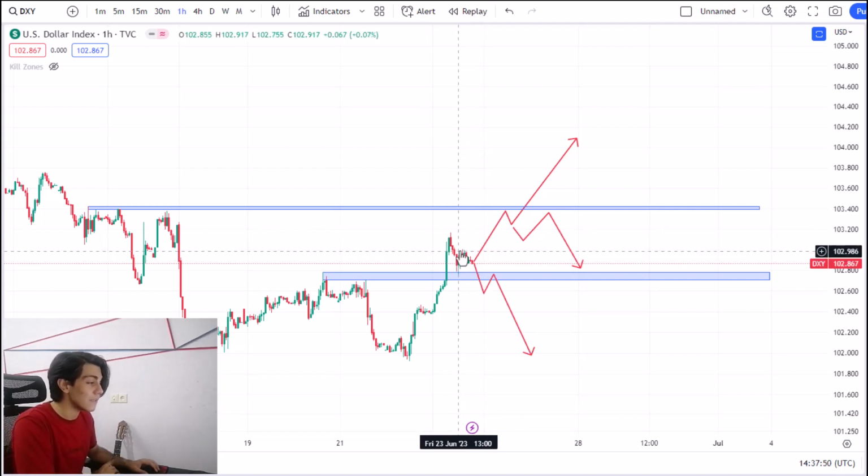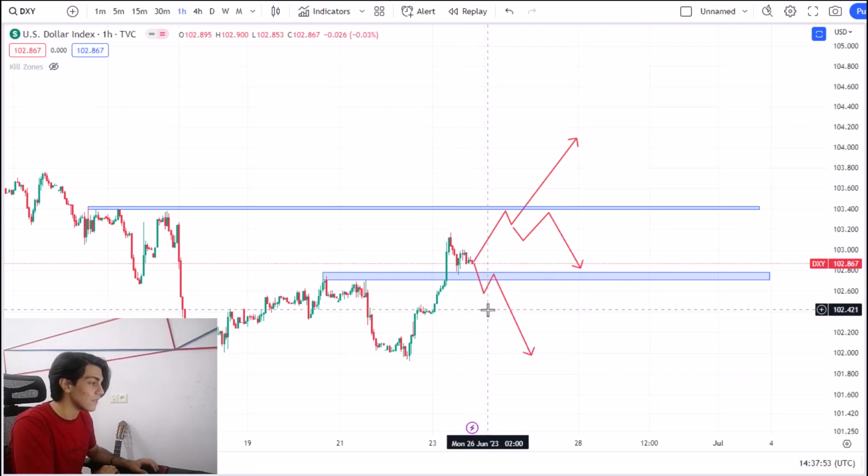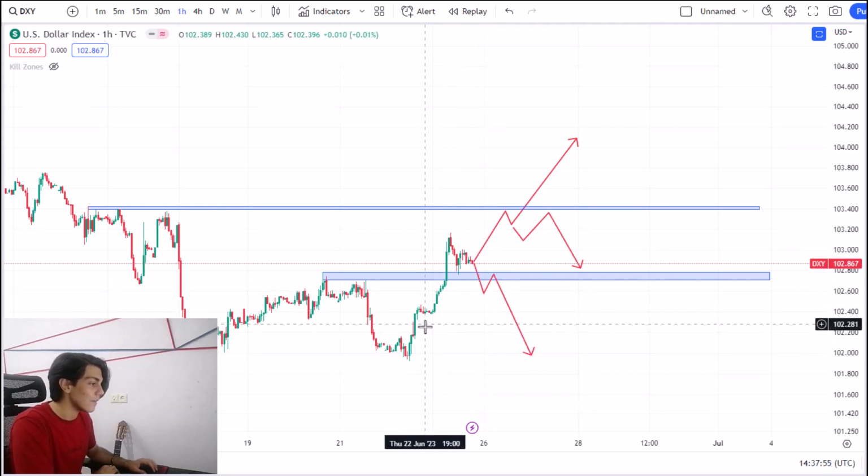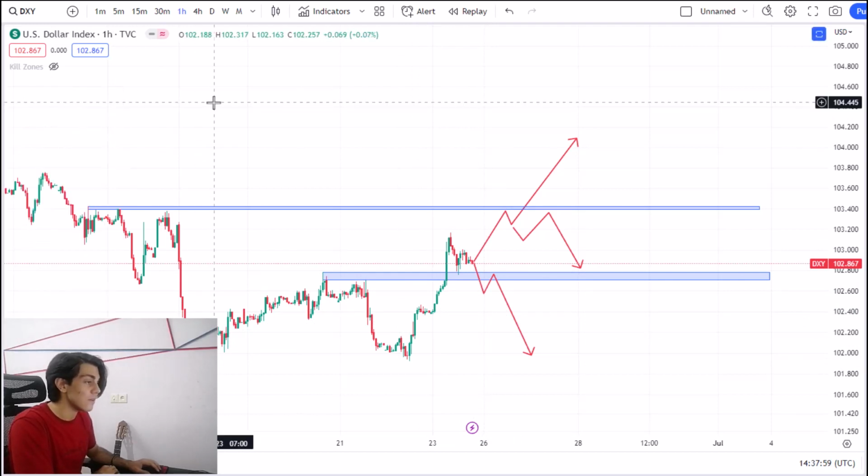So it will help it to pass this level to the downside and come somewhere around here, this area, and this will have a bullish effect on XAUUSD, XAGUSD, GBPUSD, AUDUSD, or EURUSD, and a bearish effect on USDJPY, USDCHF, and whatever has USD at the first of its name.